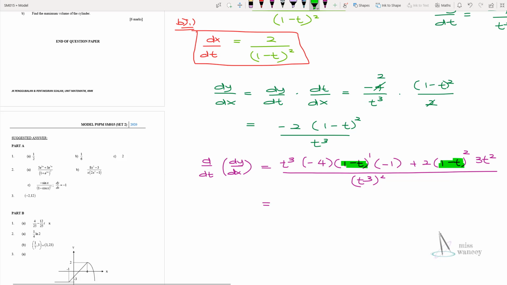I have t cubed and t square, so I'm going to factorize t square. So I'll be left with t in front here. And based on the constant, I have 4 and 2, so that means I can actually factorize the 2 out as well.